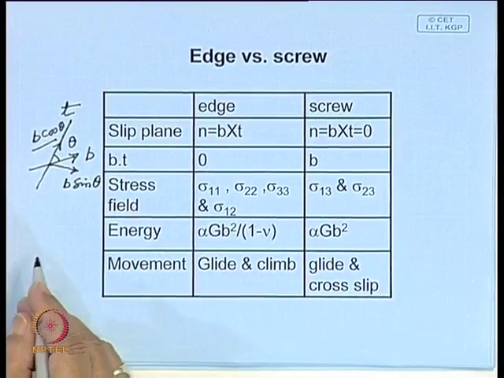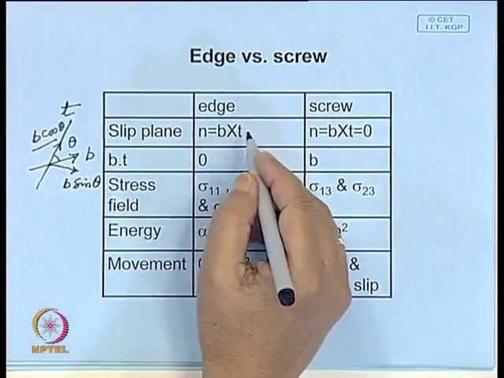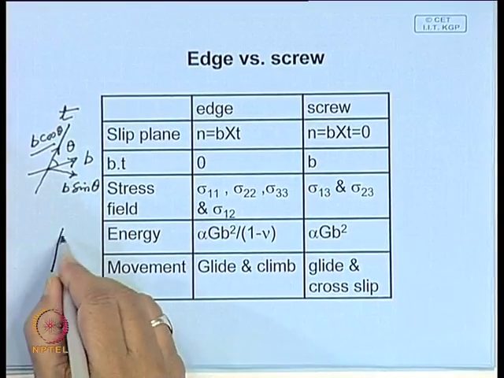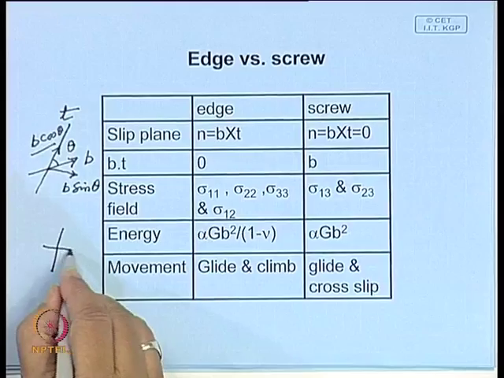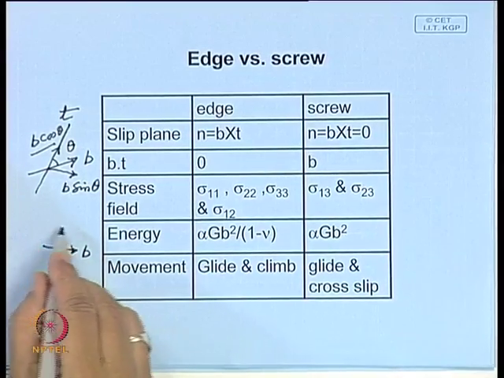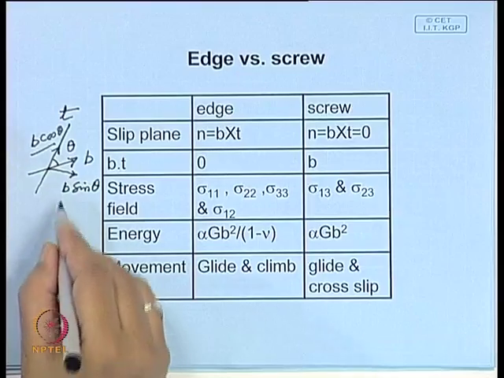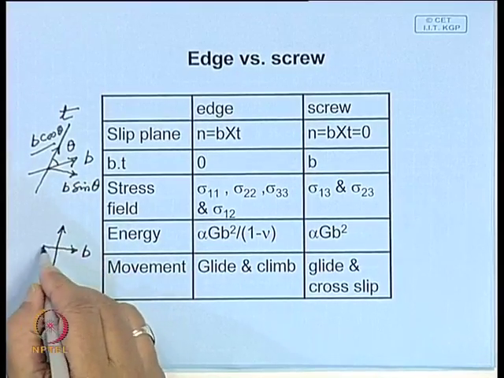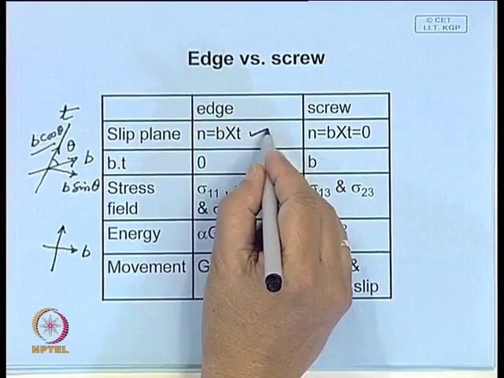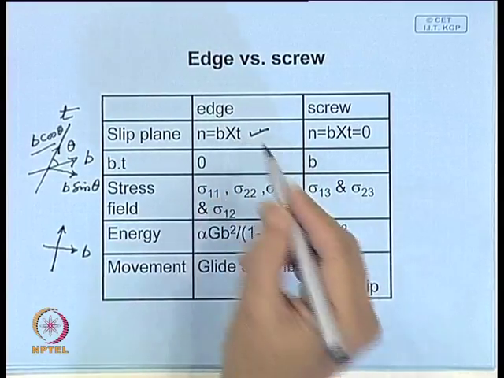Now, clearly if it is an edge dislocation, this is the dislocation direction, this is the Burgers vector, it can slip only on the plane which contains both t and b, and therefore the slip plane is given by b cross t.